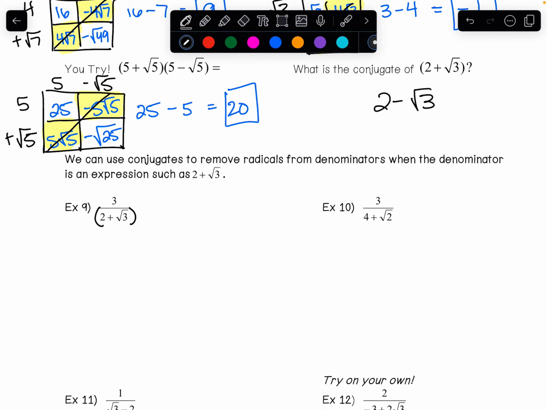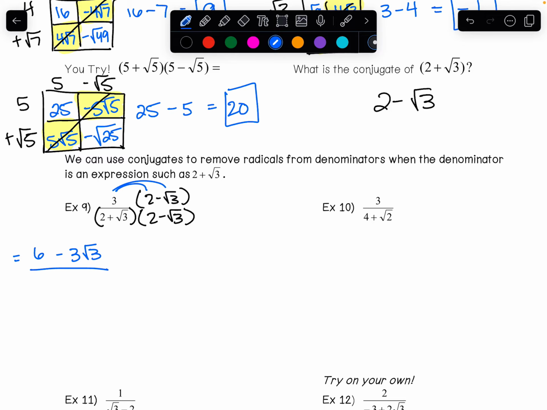Because we're multiplying by two terms, we have to be very careful and make sure that we use parentheses. So in my numerator, 3 times 2 is 6, and 3 times the negative square root of 3 is negative 3 square roots of 3.